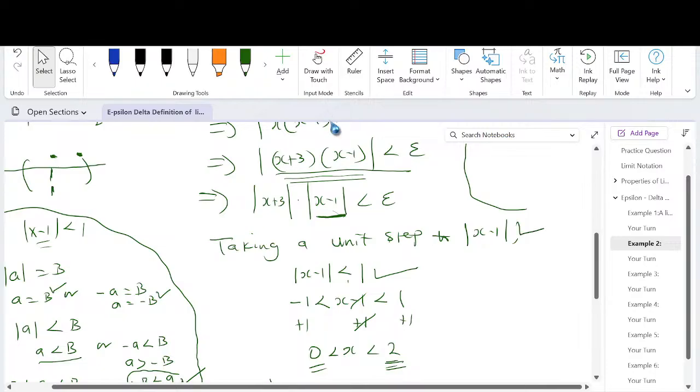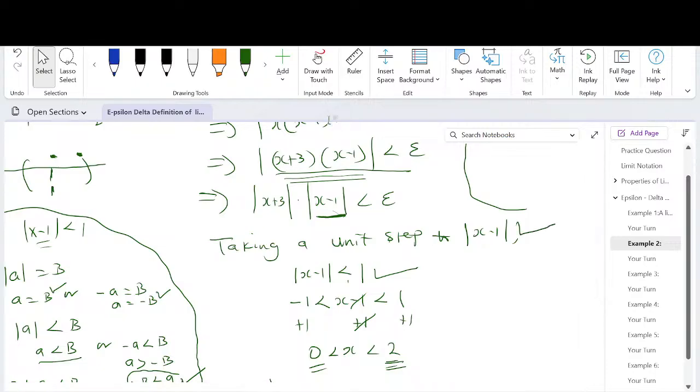So we are going to use this particular one here, because we're taking the step towards that.